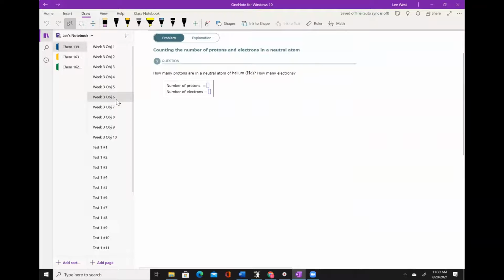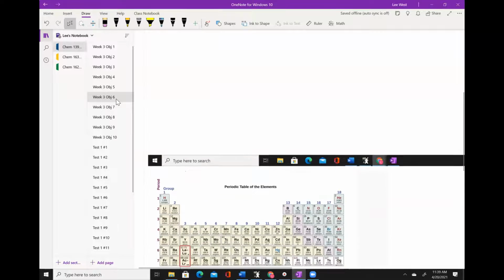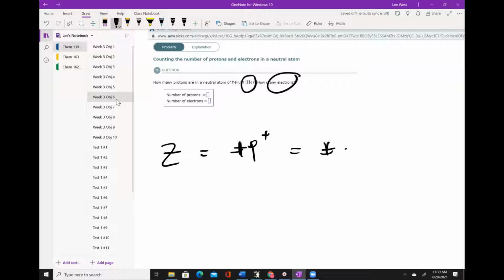Okay, so here's another one, but we only have the one element here. It says how many protons are in a neutral atom of helium and how many electrons. So we know that our atomic number is equal to our number of protons, and for a neutral atom that will also be equal to our number of electrons.